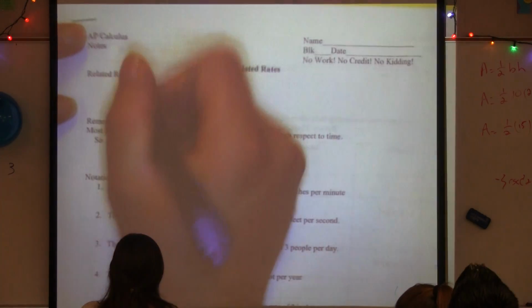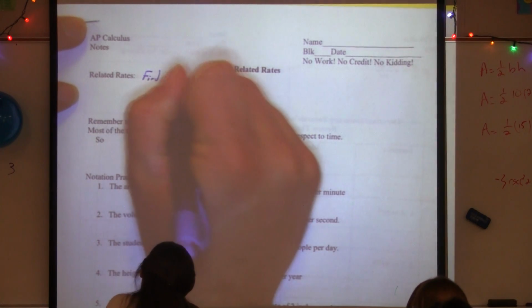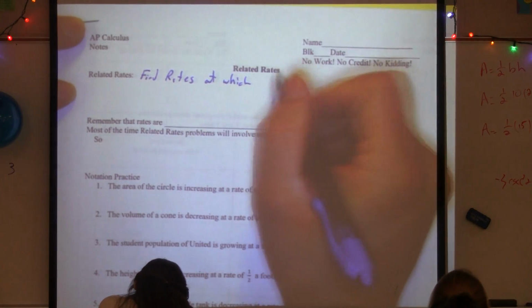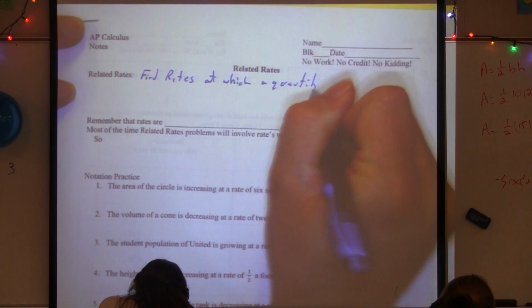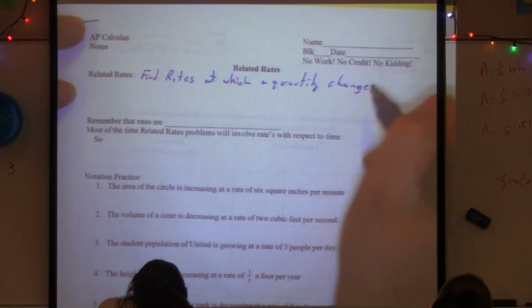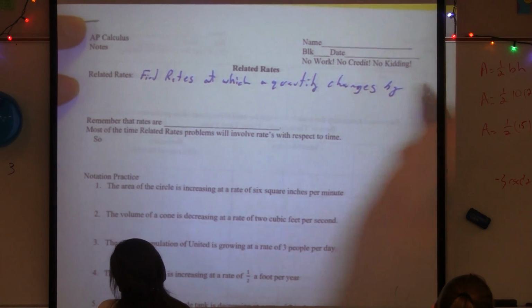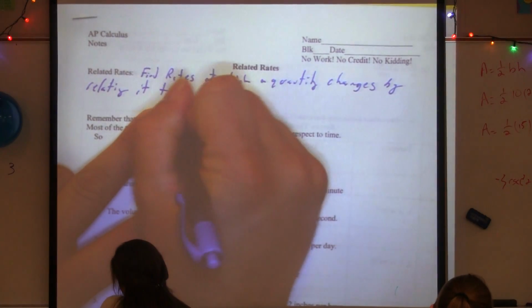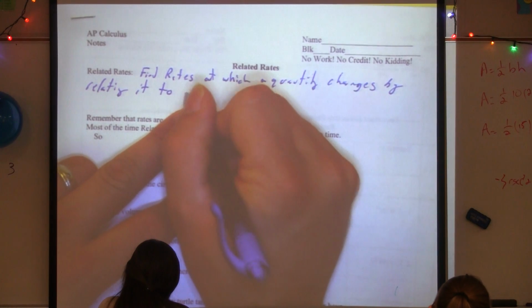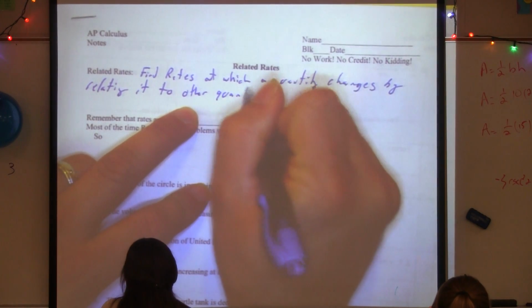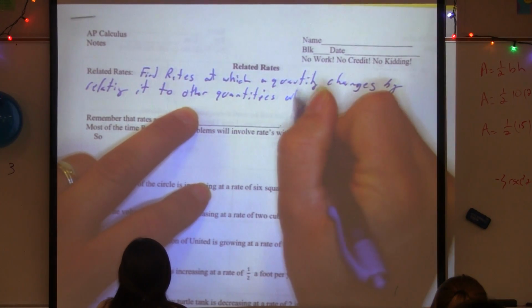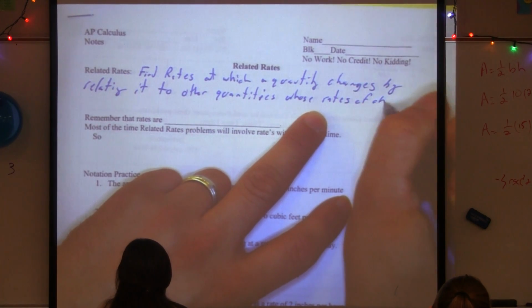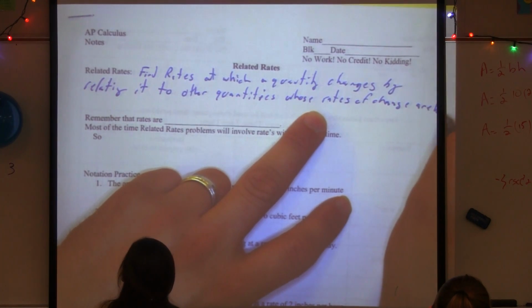Related rates is all about finding rates at which a quantity changes by relating it to other quantities whose rates of change are known.